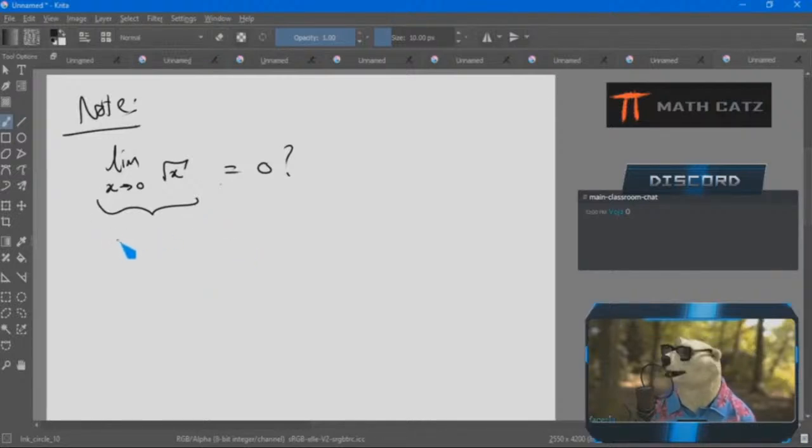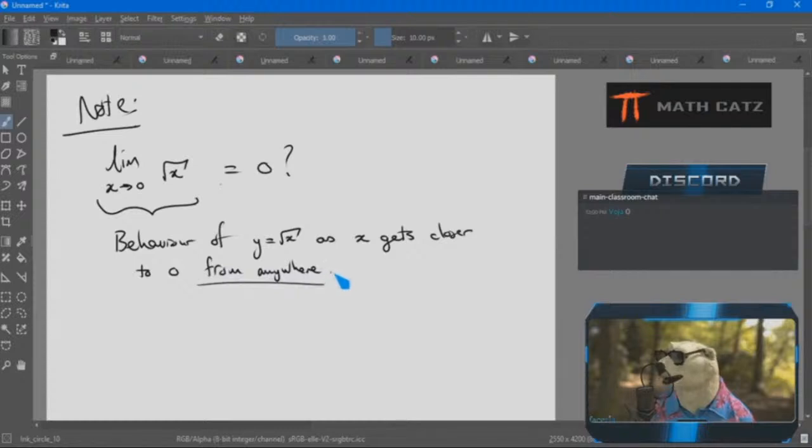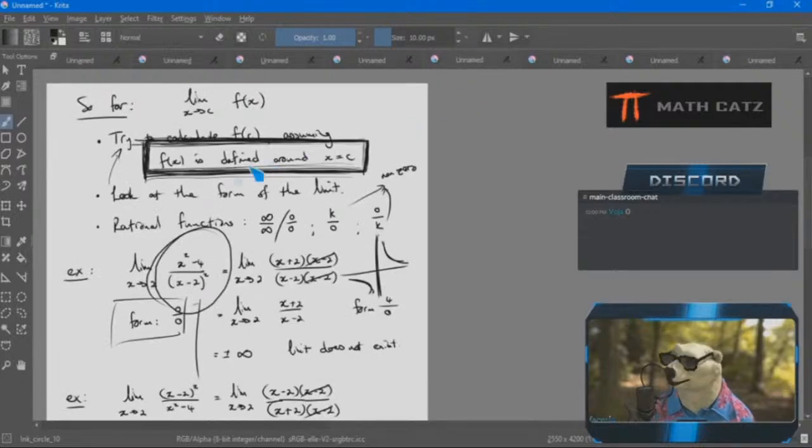This is asking for the behavior, of course, a very simple function, it's in my library, of my square root function as x, I'll write it out, gets closer to 0, I'll say it like this, from anywhere around 0. It's the same as this.